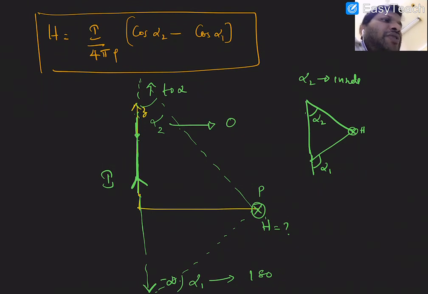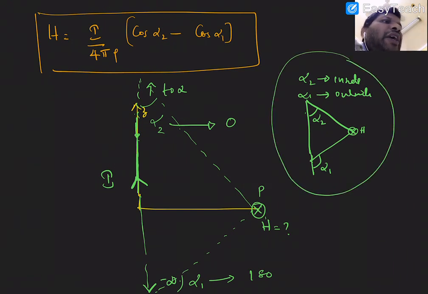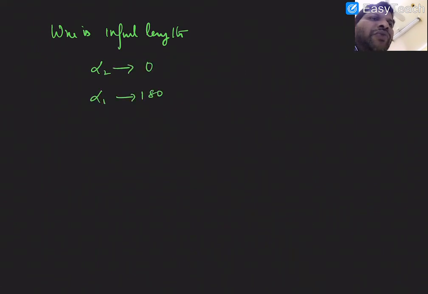So always remember this: alpha 2 is inside and alpha 1 is outside. If the wire is of infinite length, alpha 2 tends to 0 and alpha 1 tends to 180 degrees.